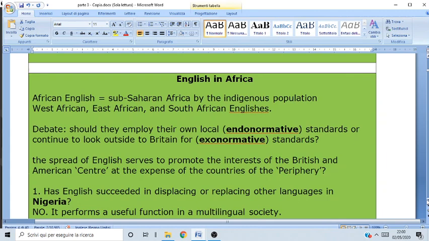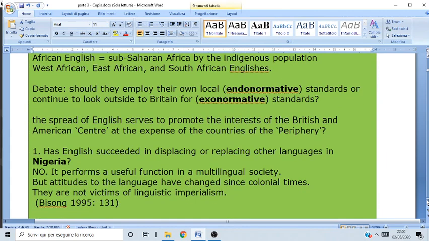And so, lots of scholars have tried to understand whether using English promotes the interests of the inner circle at the expense of the outer circles.